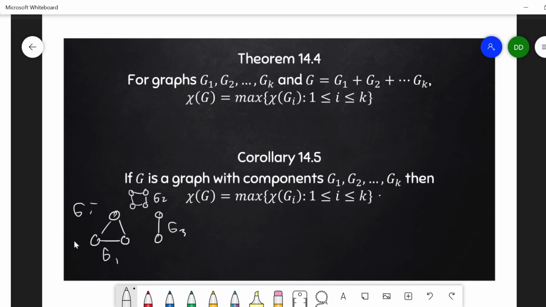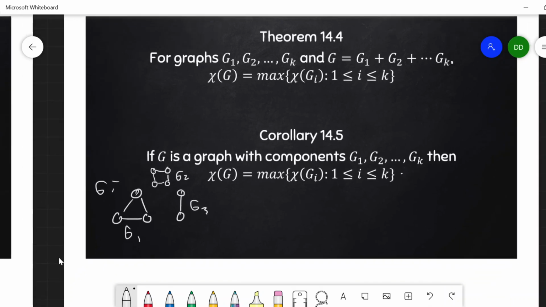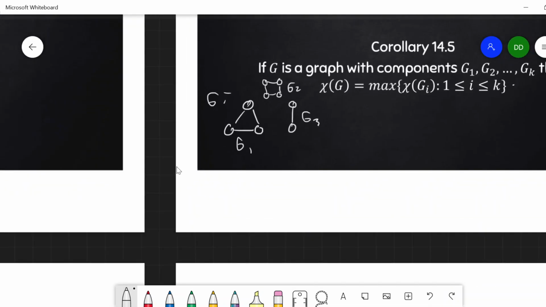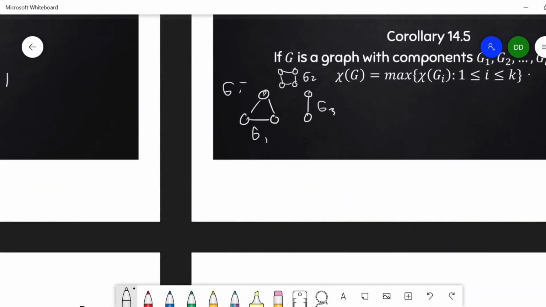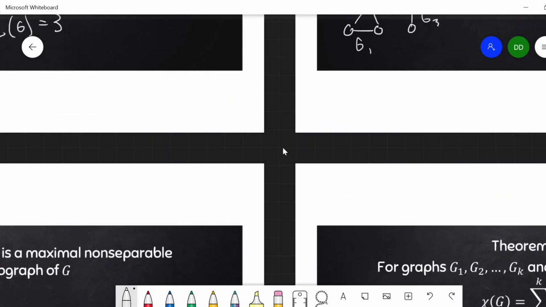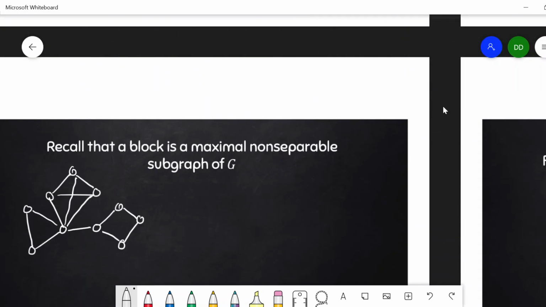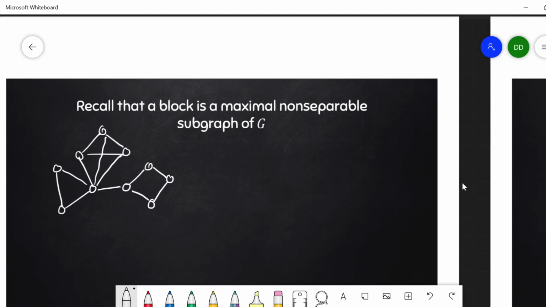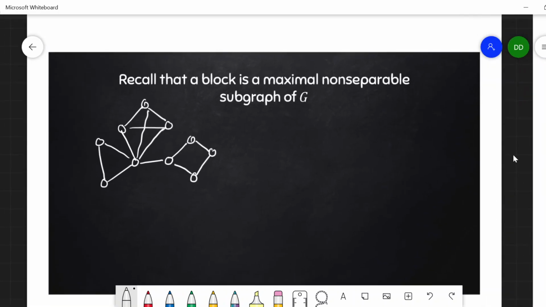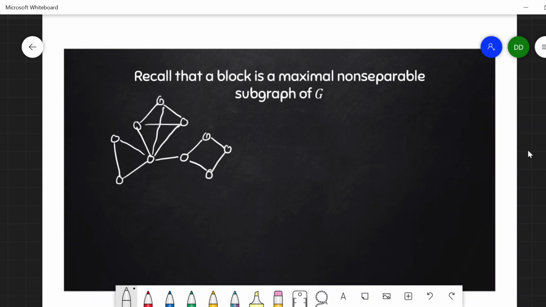So that means we can restrict our attention in our study of the chromatic number of particular graphs. It doesn't really make sense to look at disconnected graphs because their components just turn out to give the maximum. So we would just study the chromatic numbers of each of the individual components and take the maximum. And in fact, there's another class of graphs that we really don't need to look at on their own.